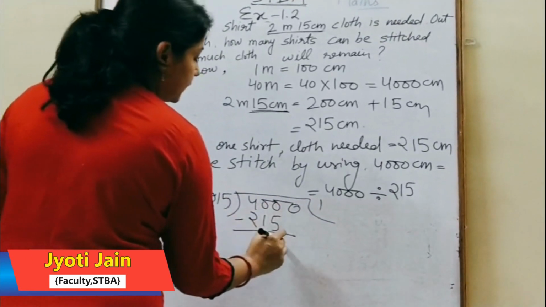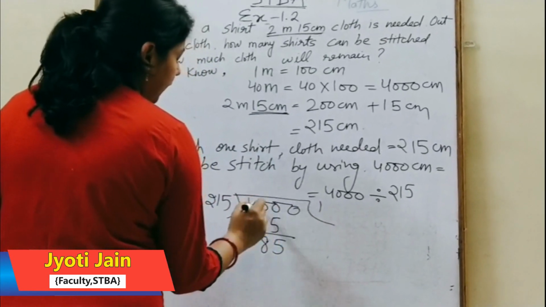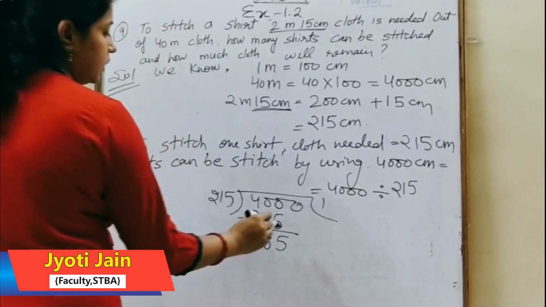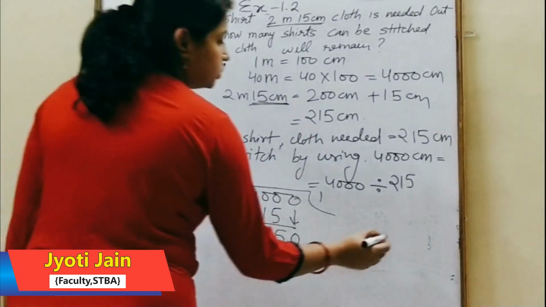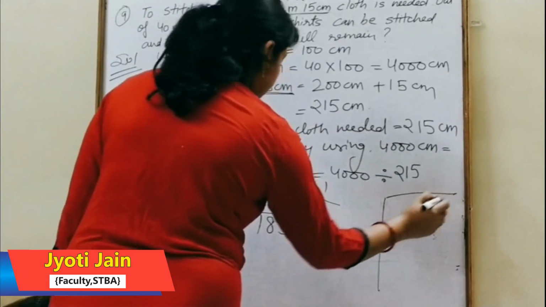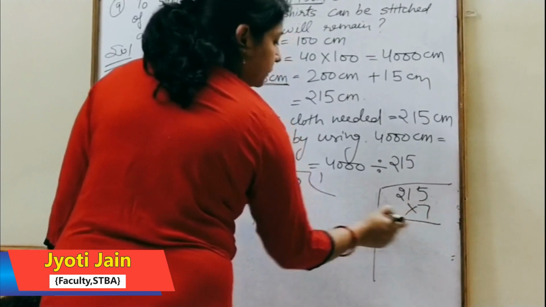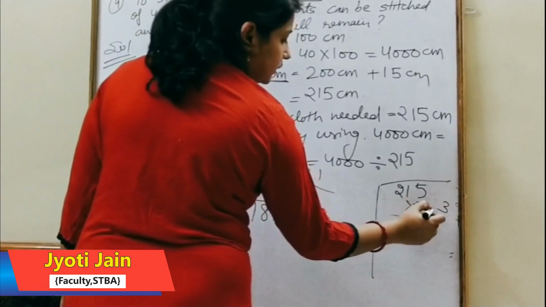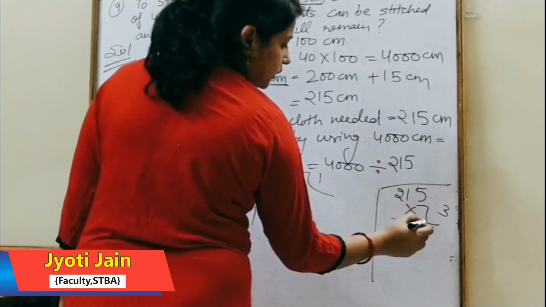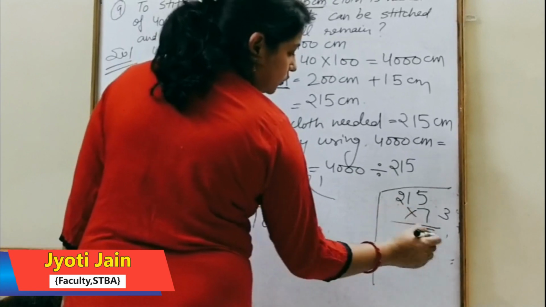So 215 one time, subtraction. So 10 minus 5 is 5, 9 minus 1 is 8, and 3 minus 2 is 1. So next is this one. For this, do the calculation here. Suppose this, here I am doing the rough work. So 215, suppose this one is multiplied by 7. So 7 5s are 35, 7 1s are 7 and 3 is 10, 7 2s are 14 and 15.